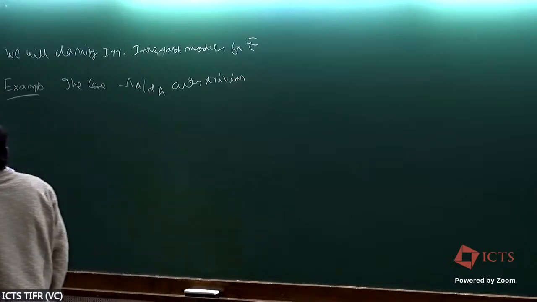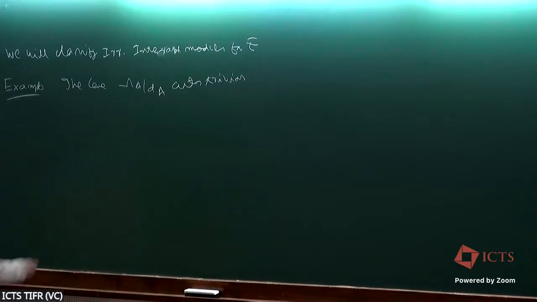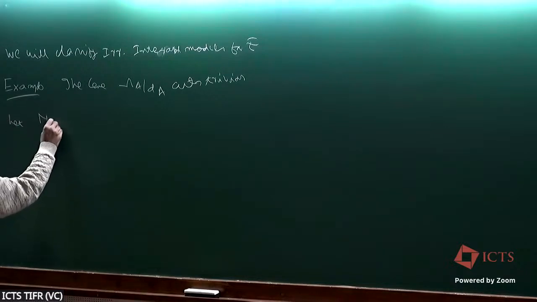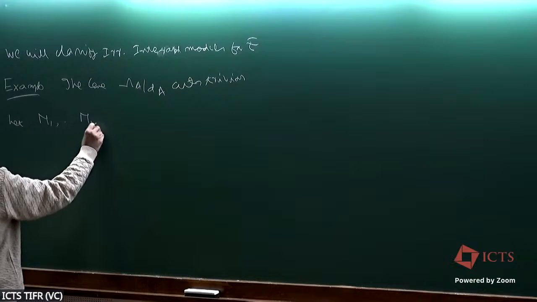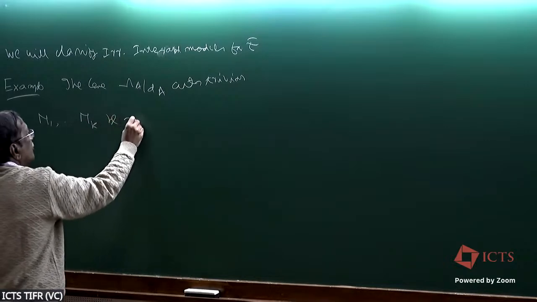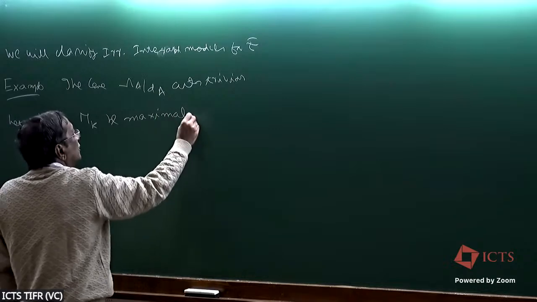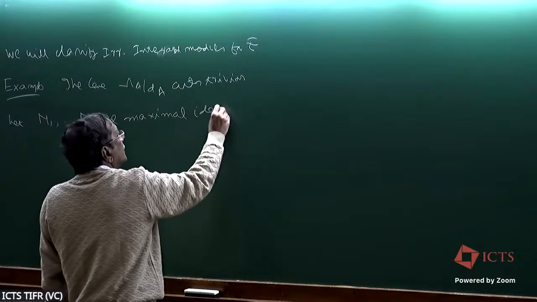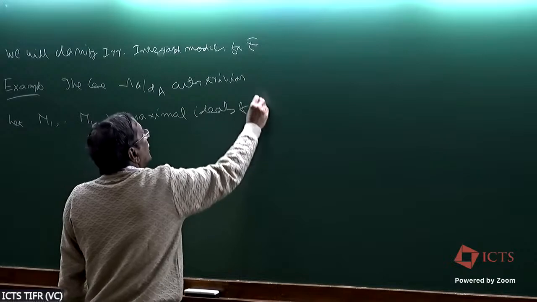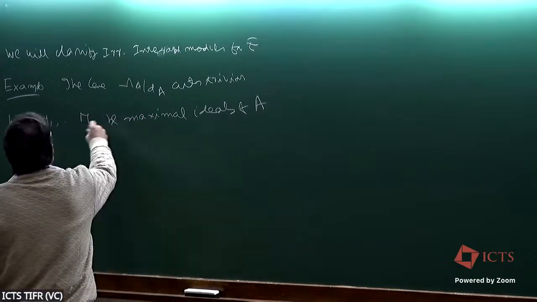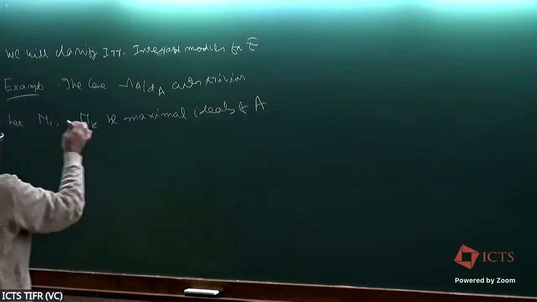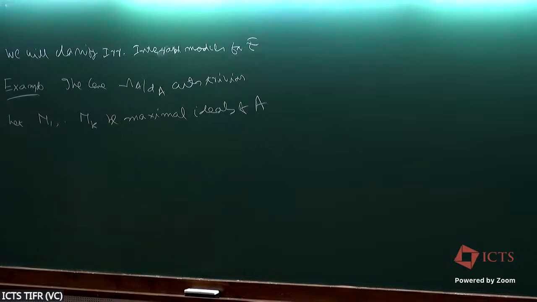Okay, let's see. First thing is, let M_1, ..., M_k be maximal ideals of A. This k and that n are independent. k could be anything and n could be anything.